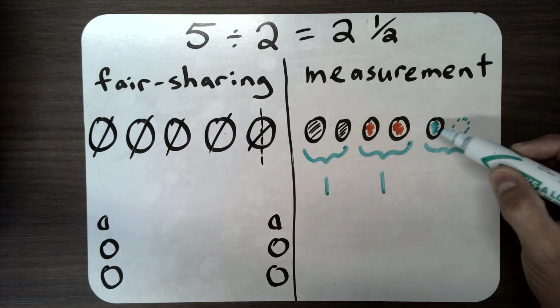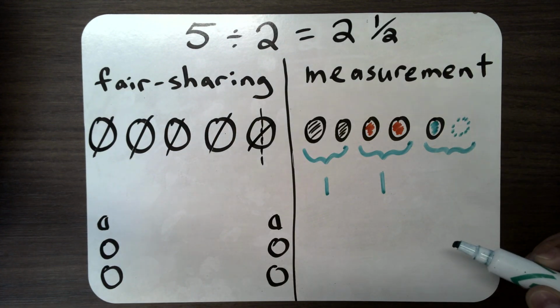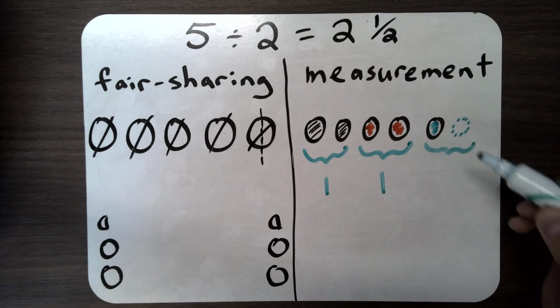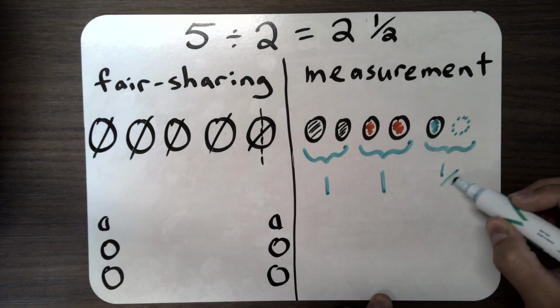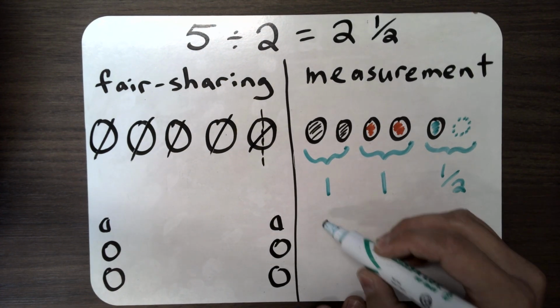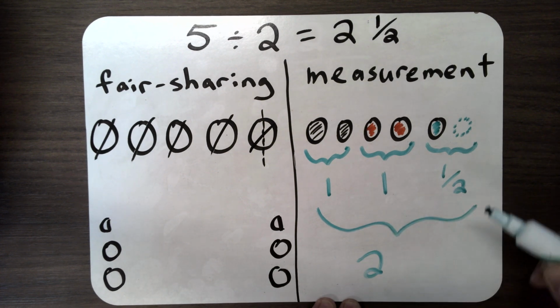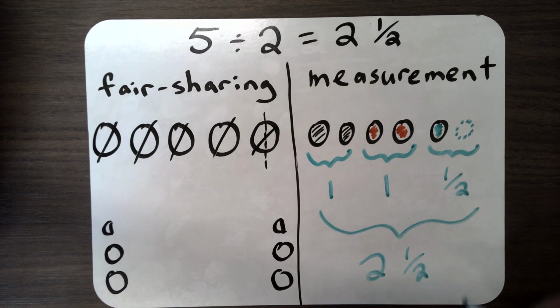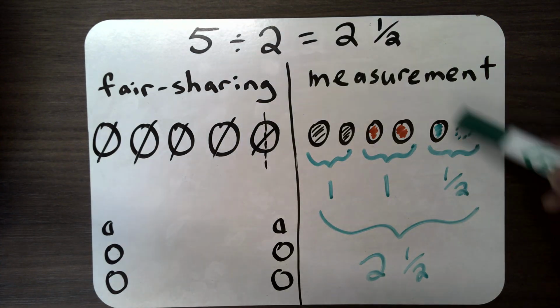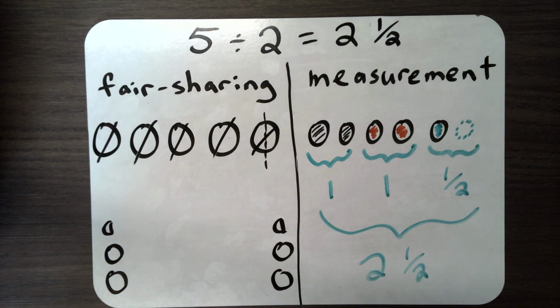Since I have one of the 2 parts that I need to make that full group, this is half of a group of 2. So my total will be 1 plus 1 plus a half, which is 2 and a half. And then for the abstract model for measurement division, it will be the same as the fair sharing, where we have the equation of 5 divided by 2 equals 2 and a half.